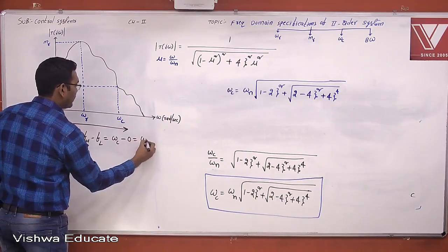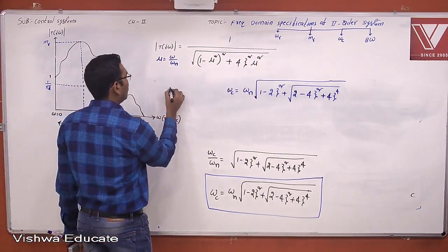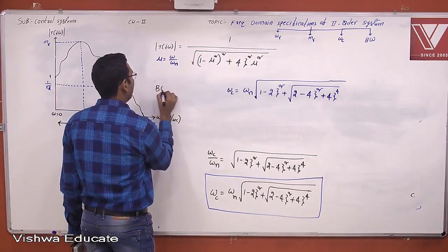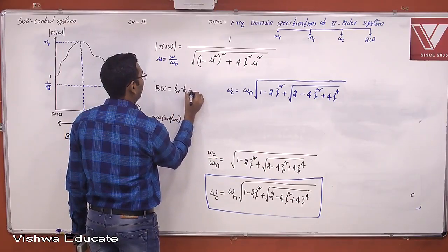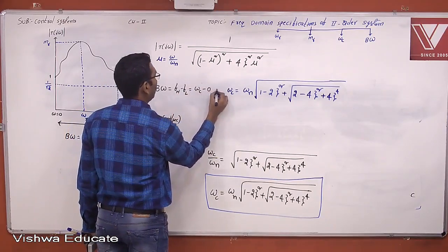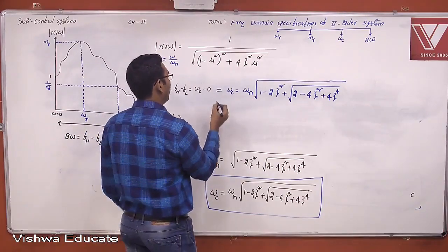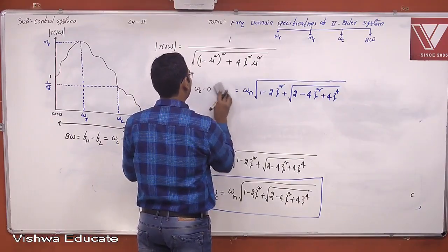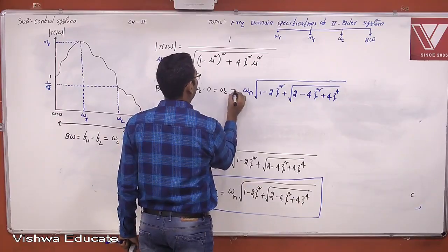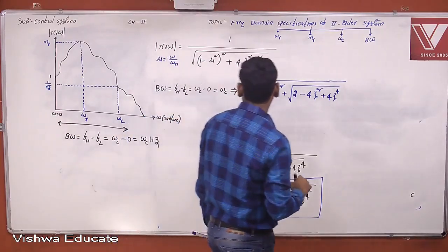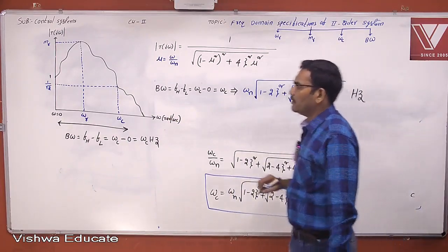So the bandwidth is nothing but omega c itself: omega c minus 0, which is equal to omega c, which is nothing but omega n into the same expression.